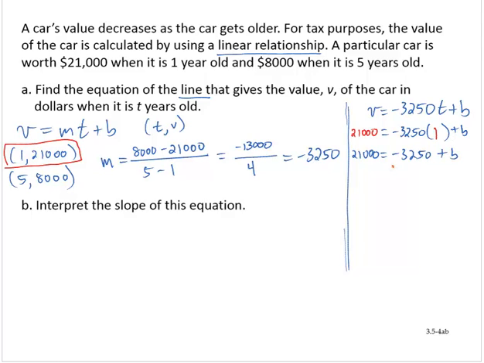Adding 3,250 to both sides of this equation, I find that b is equal to 24,250. So now I can revise my model again, and we have v, the value of the car, is given as negative 3,250t plus 24,250.